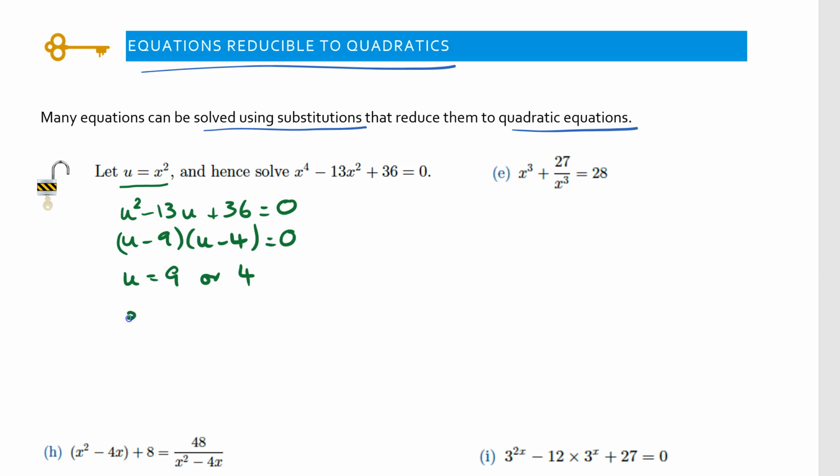Then we have to change the variable back again. So x squared equals 9 or x squared equals 4. Therefore x equals plus or minus 3 and x equals plus or minus 2. And we've got 4 solutions, which fits with the fact that we've got a power of 4 up here.